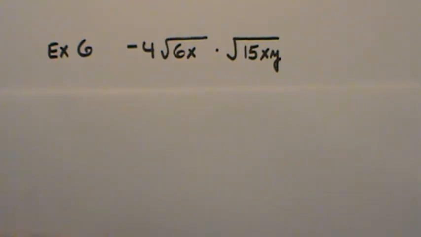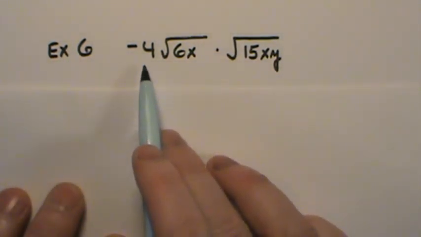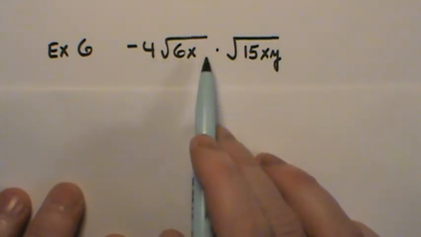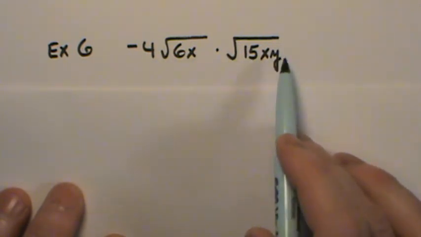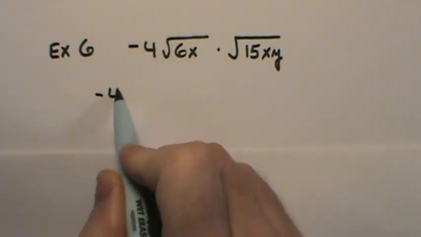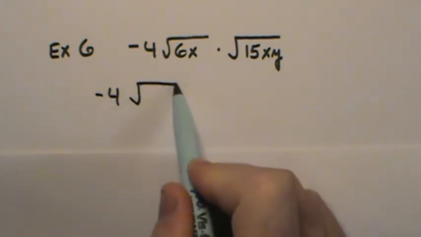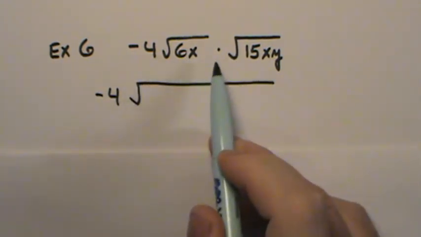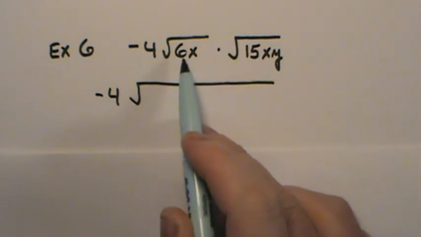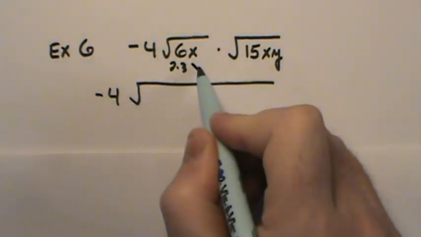As I look at example 6, I've got negative 4 rad 6x times rad 15xy. So I've got the negative 4 on the outside. Now for this big radical, I'm looking for pairs. So when I look at 6, I recognize that it breaks down as a 2 times 3, and I got an x.